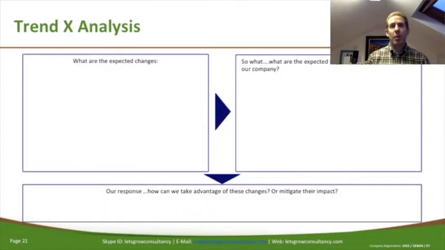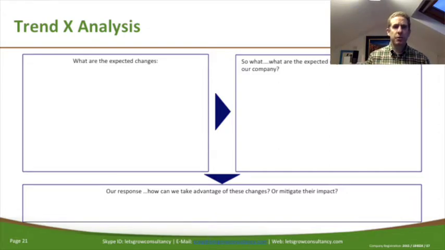Here's just a PowerPoint chart, and it's a way not only to write down what the different trends are, what the dynamics are within that area or trend, but it also gets you to the so what and our response. So let's take it block by block. Top left, you can put in what are the expected changes within this area. Could be environmental, could be tech, could be political.